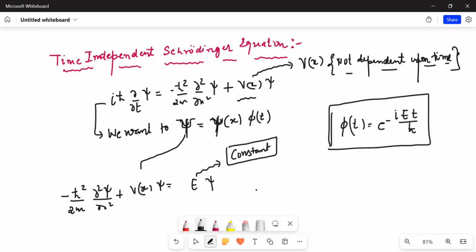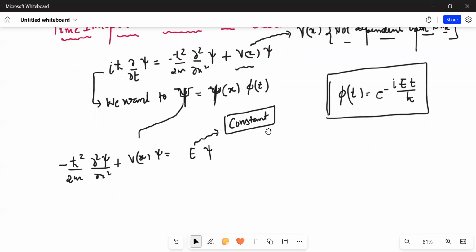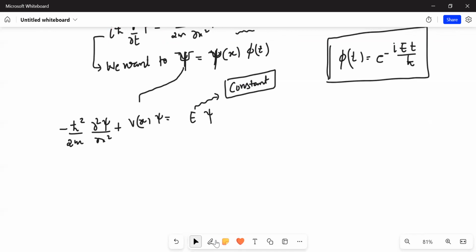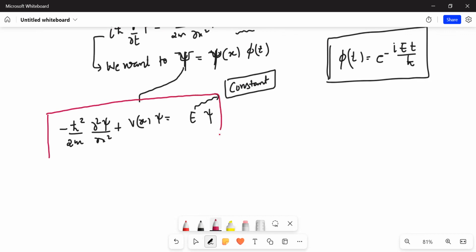This is how you obtain the solution. So this equation is called the time independent Schrodinger equation.